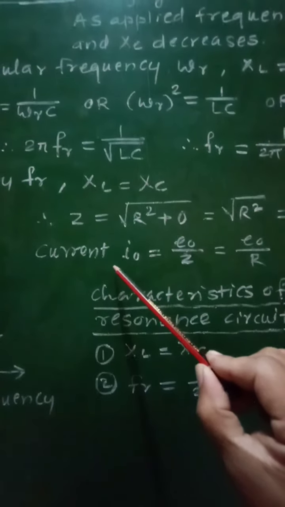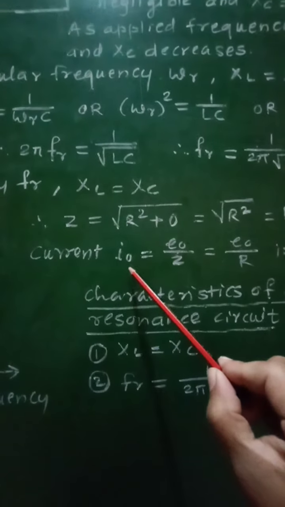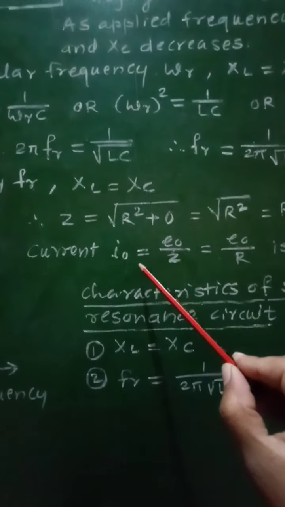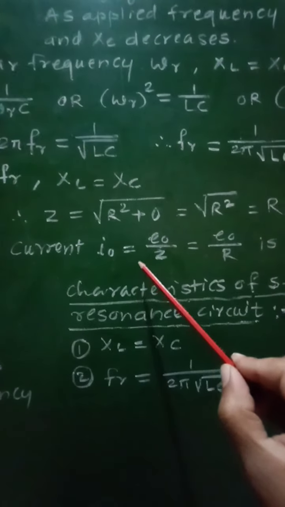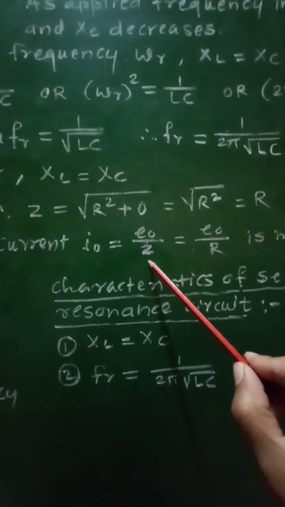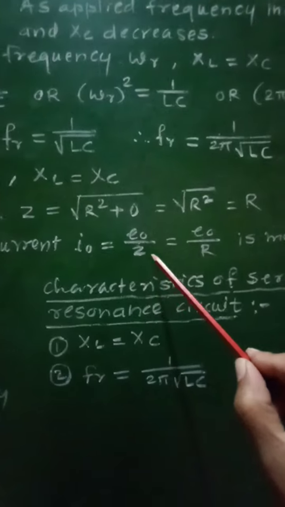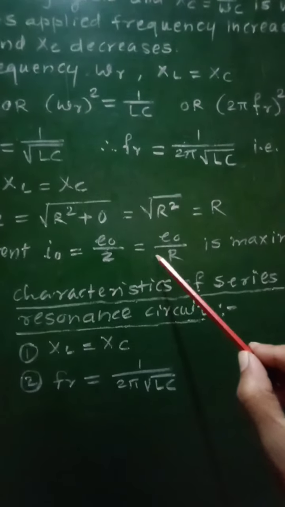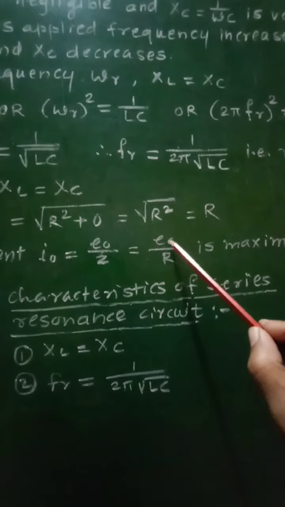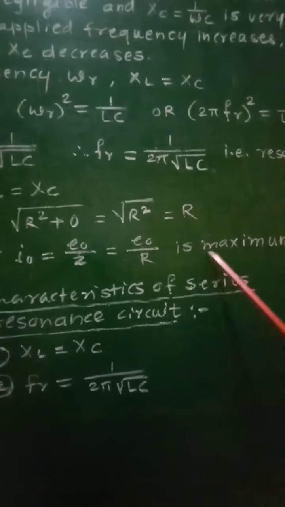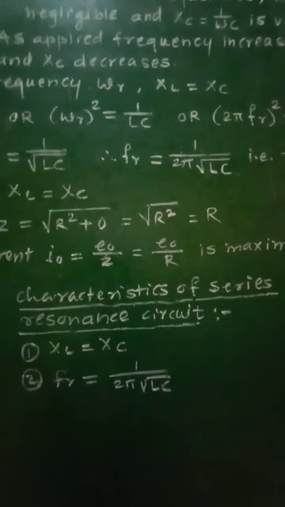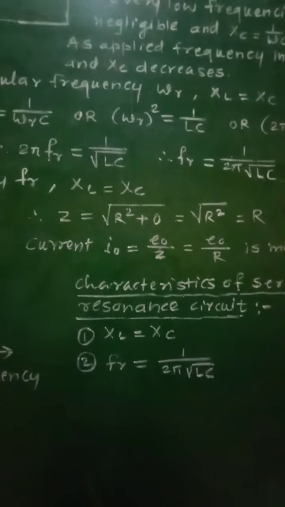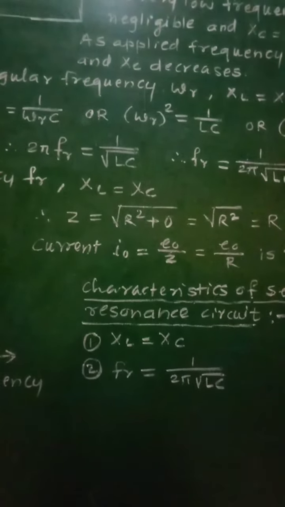That current is I0, where I0 is the peak value of current, that is the maximum value of the current, given as E0 by Z. But Z is equal to R, and therefore we get I0 equal to E0 upon R, which is the maximum value, or the peak value of current.